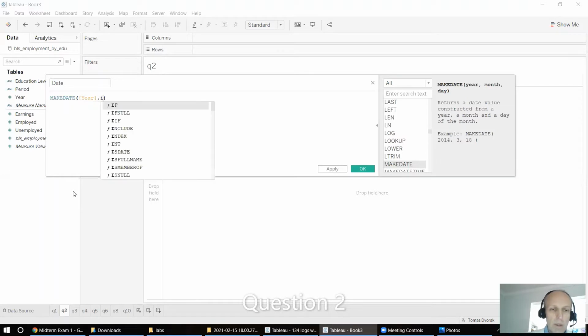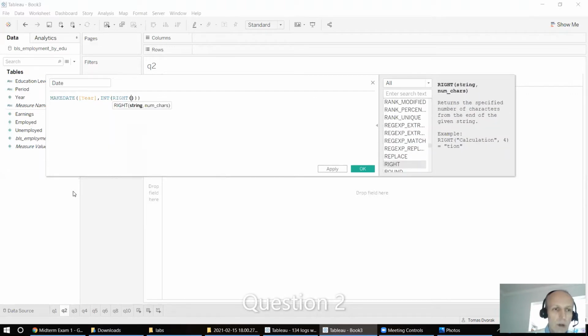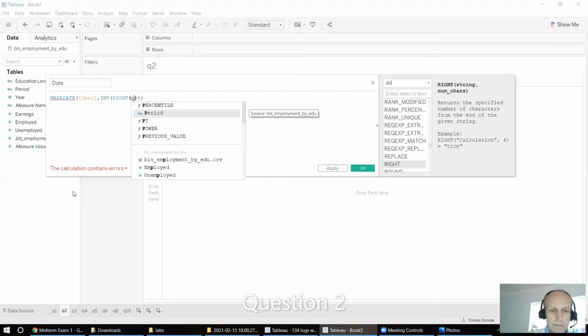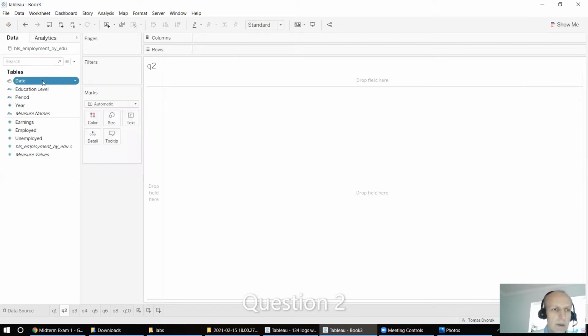Month we don't have, but we can create month from the period field by taking the 2 rightmost characters, as we did before in class, and the day is going to be first of the month. This calculation is valid. I'm going to say okay.